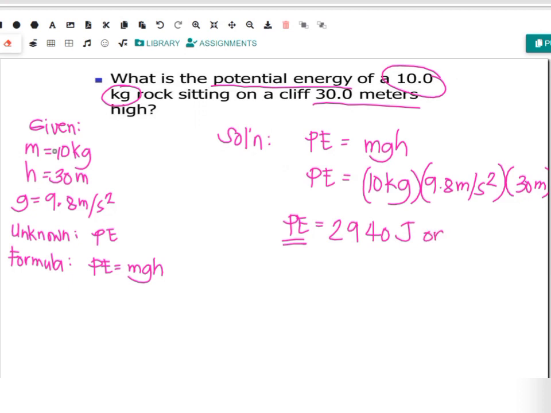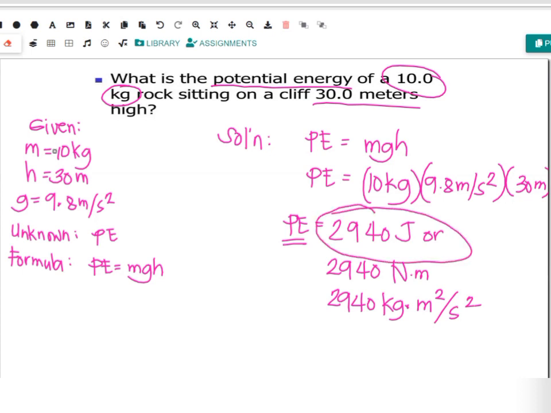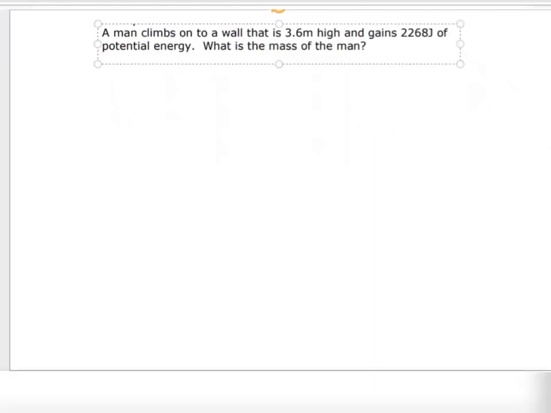Or, kung gusto nyo gamitin yung isa pang unit, 2,940 Newton meter. Or kung gusto nyo yung mas mahaba-haba, 2,940 kilogram meter squared per second squared. Pero kung gusto nyo, ito na lang. Yan. That is correct.